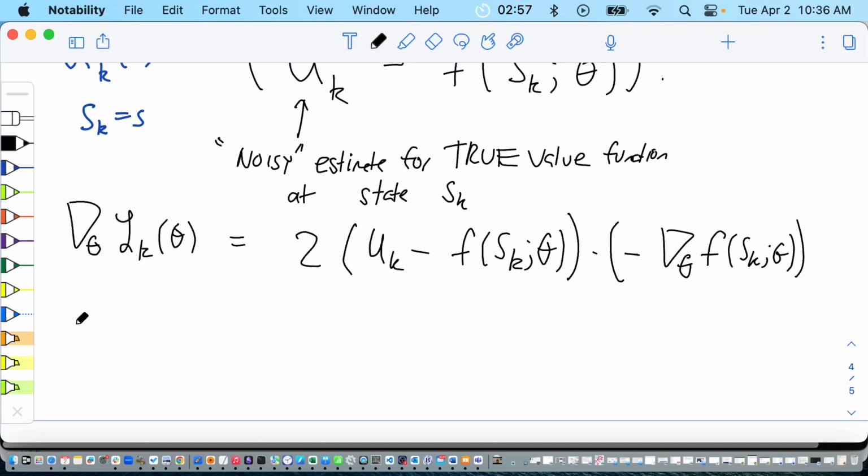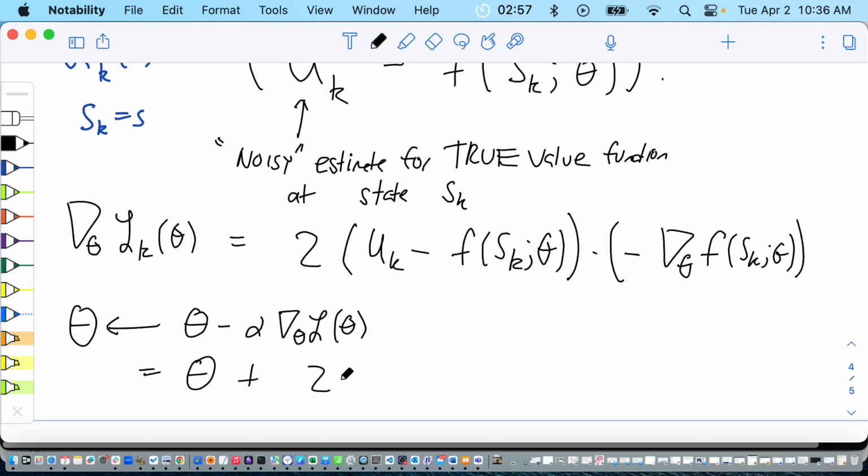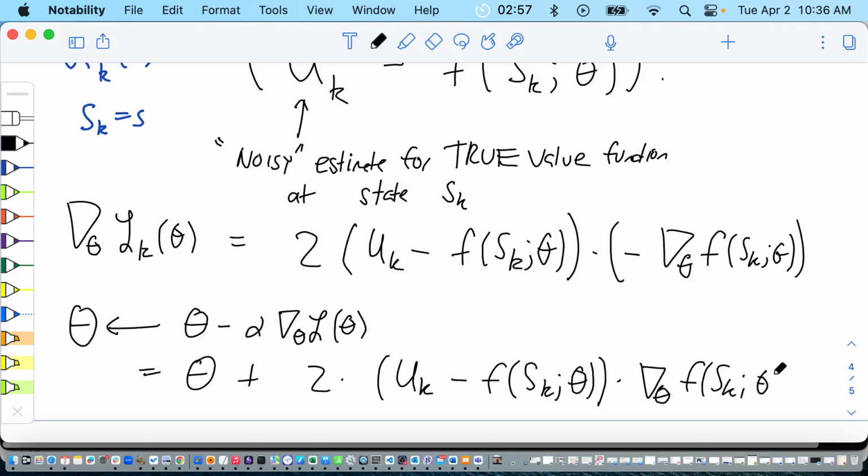So the update rule will be theta becomes theta plus the learning rate times 2 times U_k minus f of s_k, theta, times the gradient of f of s_k, theta.